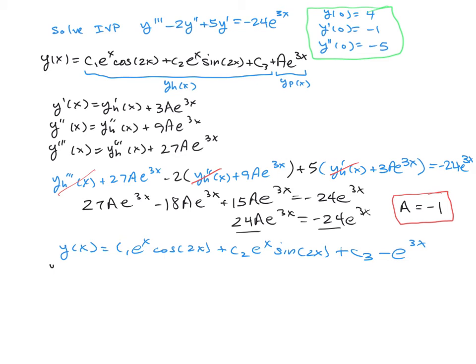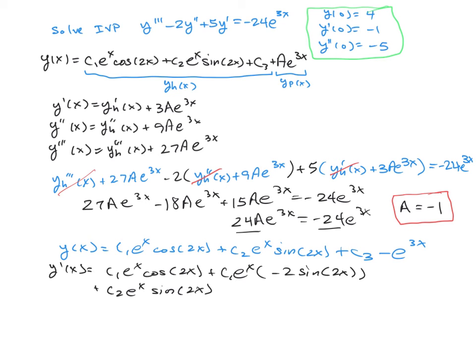So we can fit y prime of x up here. That's going to be equal to c1 e to the x cosine of 2x plus c1 e to the x times negative 2 sine of 2x, and then plus c2 e to the x sine of 2x, plus c2 e to the x times 2 cosine of 2x.